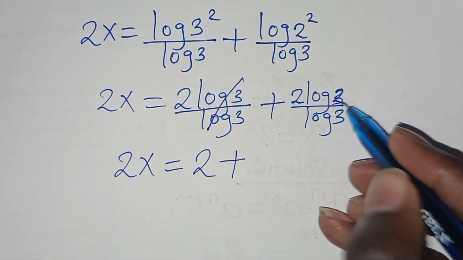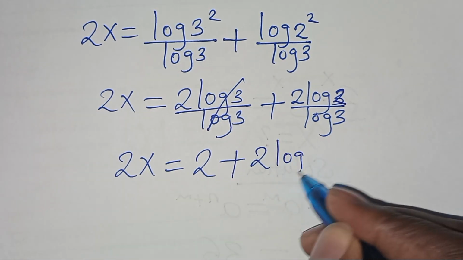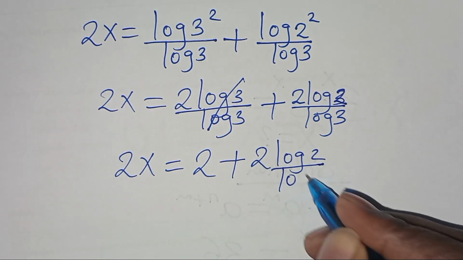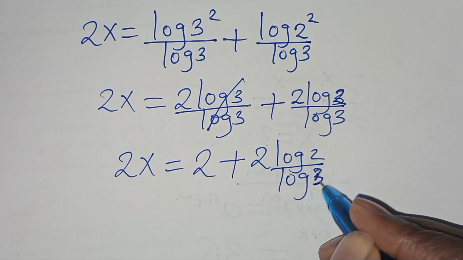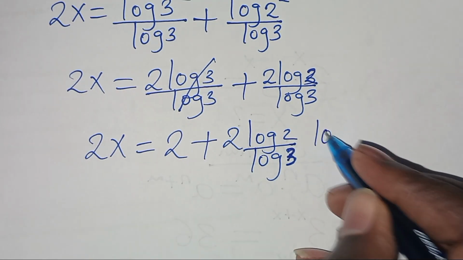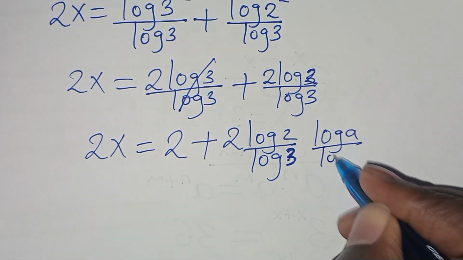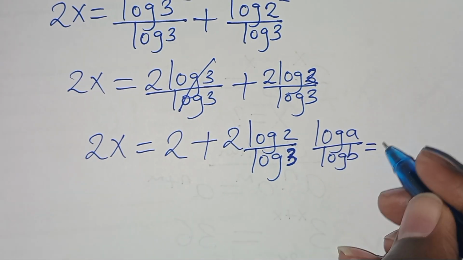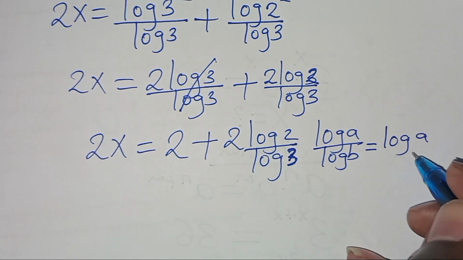This is log 2. So you have 2 log 2 divided by log 3. Now log 2 divided by log 3, this is actually in the form of log a divided by log b, which we can express as log a to base b.